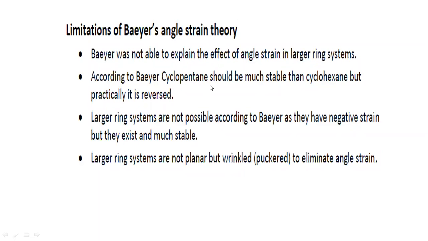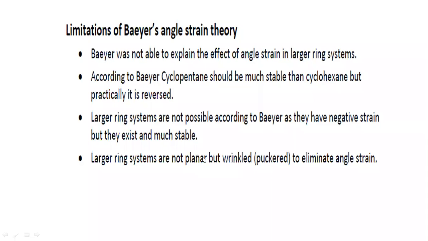According to Bayer, cyclopentane should be more stable than cyclohexane, but this is not the case practically. So this is a limitation. Larger ring systems are not explained by Bayer's theory because negative strain exists. We have seen the example of cyclohexane.